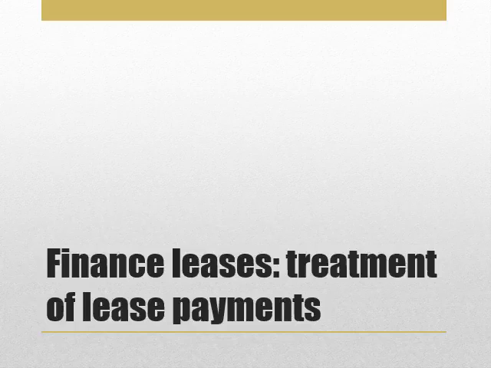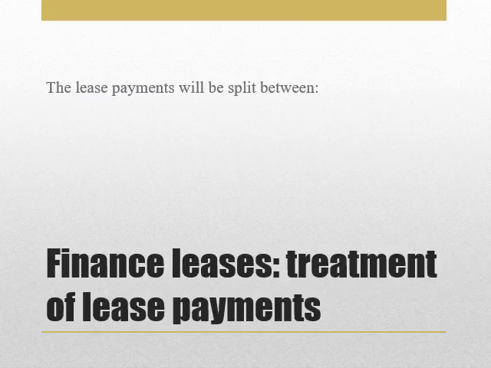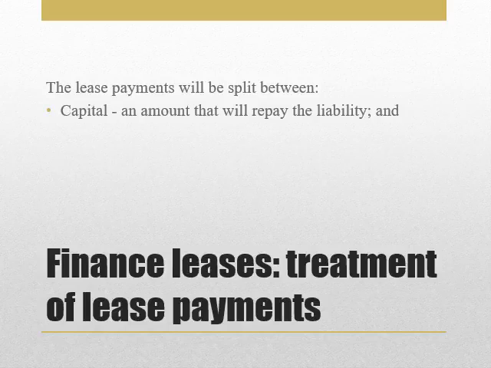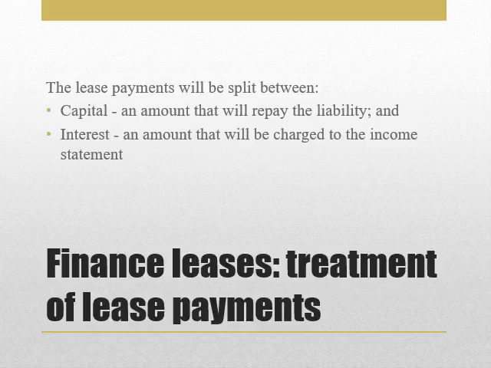Right, so what then do we do when we start paying lease payments? Well, the lease payments themselves are going to be split between a capital component, being an amount that will repay the liability, and a part of it will be in respect of interest.